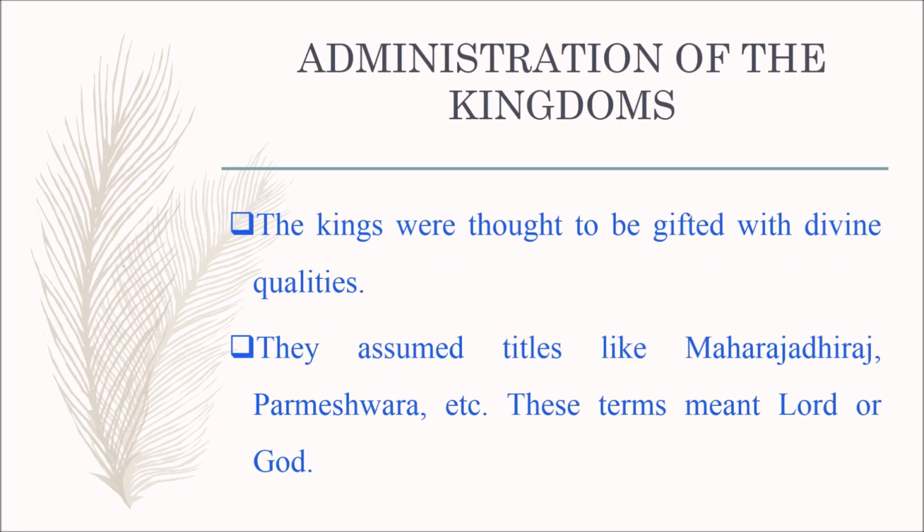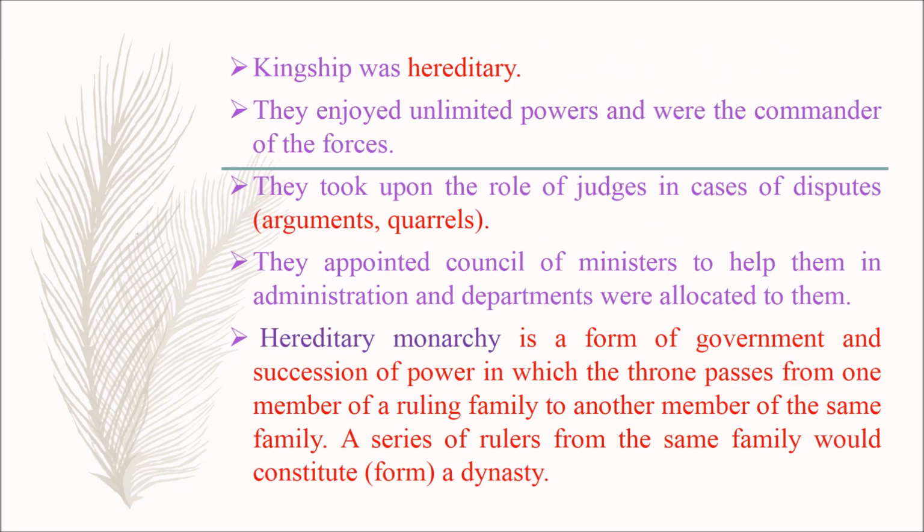Next, we are going to learn about administration of the kingdoms. The kings were thought to be gifted with divine qualities. They assumed titles like Maharajadiraja, Parameshwara, etc. So these terms meant Lord or God. Kingship was hereditary.